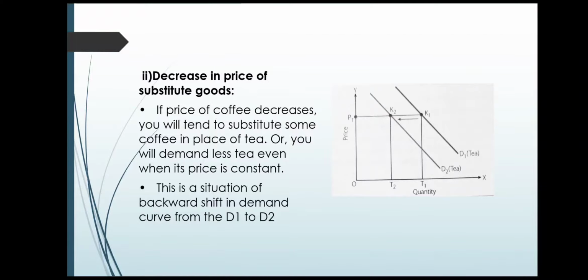So if the price of coffee decreases, more and more people will start demanding coffee, and their demand for tea is going to decrease, which will lead to leftward shift of the demand curve. The quantity demanded will decrease from OT1 to OT2 and the demand curve will shift from D1 to D2.